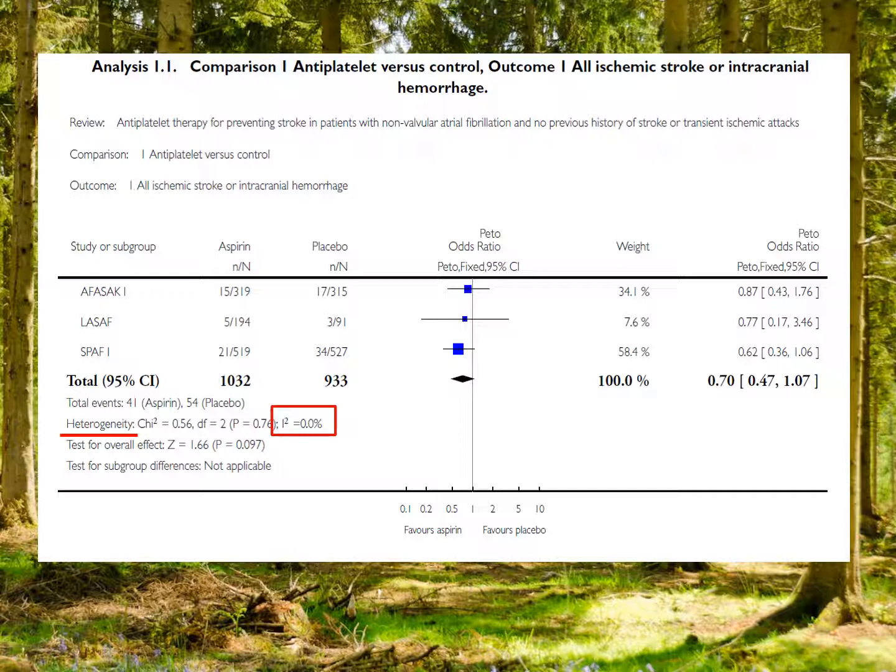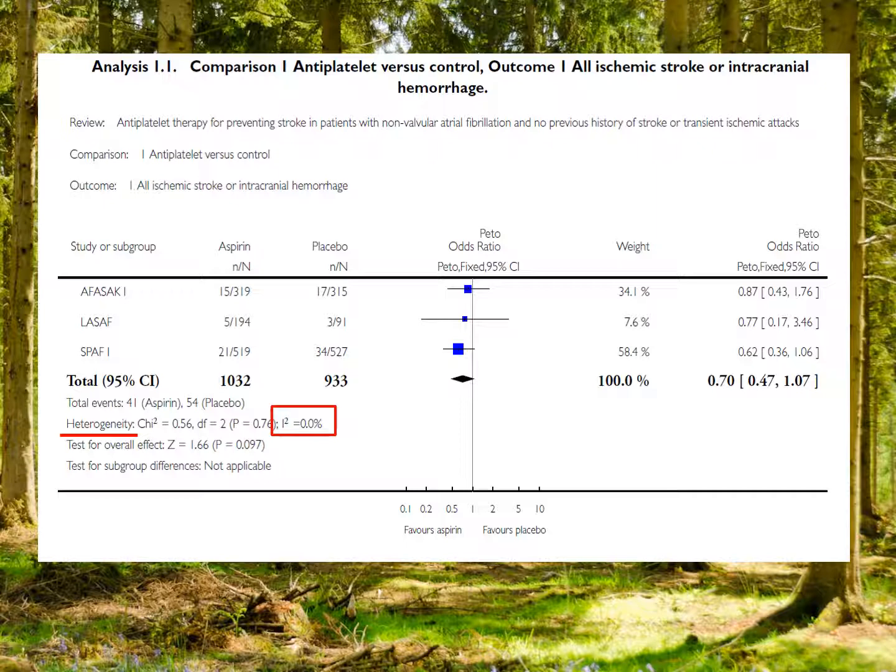So this is different from what we've just seen, which was means. In the mean difference, the line of no difference is 0. Here, because it's odds ratio, the line of no difference is 1. Now, the first column to the left is the studies, and we have 3 studies. There are abbreviations there.